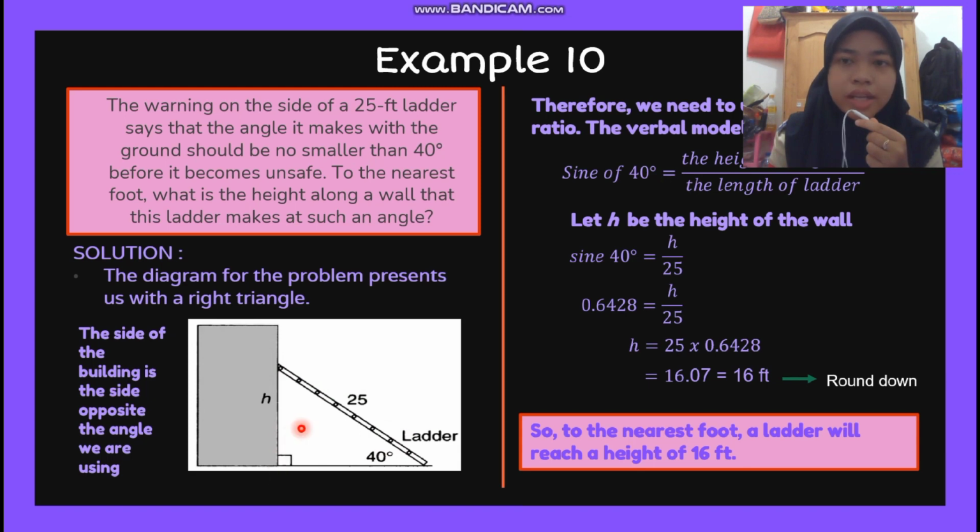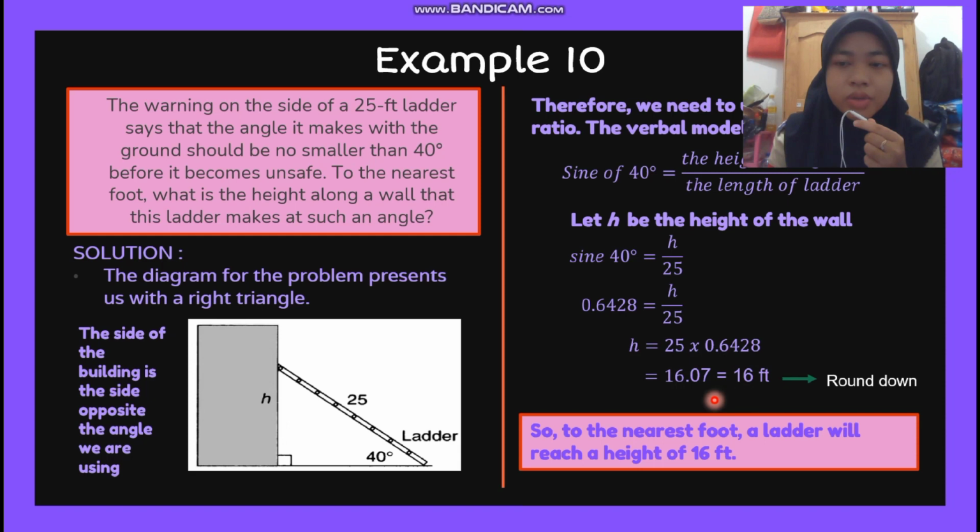Let h be the height of the wall. Sine 40 degrees equals h divided by 25, and sine 40 degrees is 0.6428, equal to h divided by 25, so h equals 25 times 0.6428, and h is 16.07.